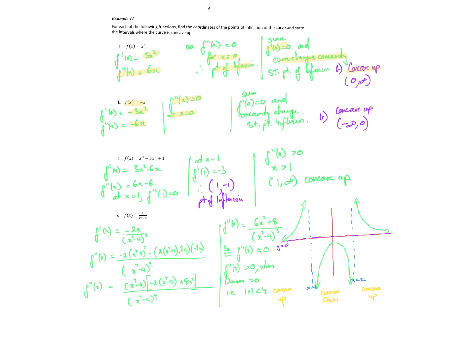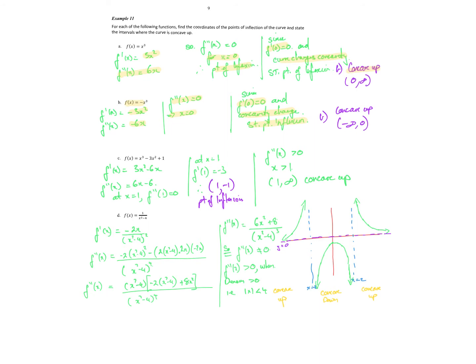Really what we're saying is that since f dash of 0 is equal to 0 and there's a concavity change, it's a stationary point of inflection. All right? Let's just check our justification in the others.